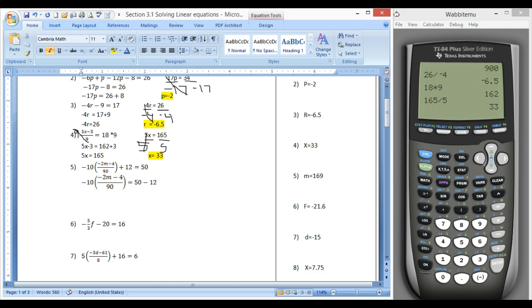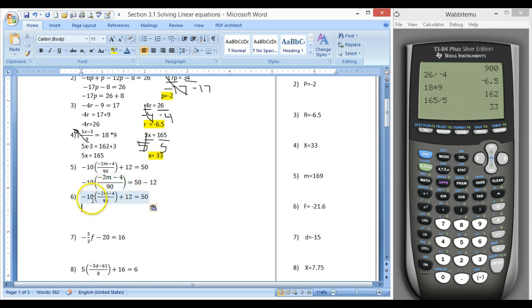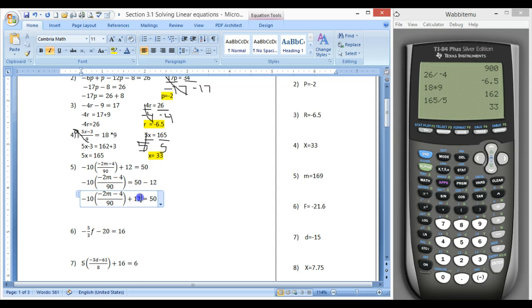And then I'm left with negative 10 times parentheses, negative 2m minus 4 over 90, and then over here I subtract 12, which gives me 38.